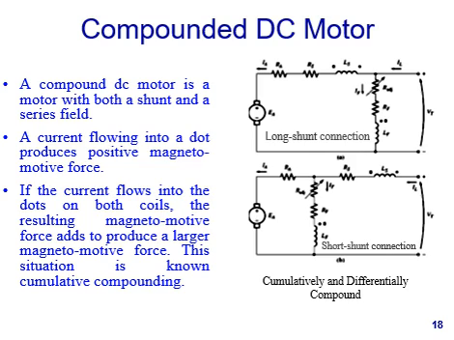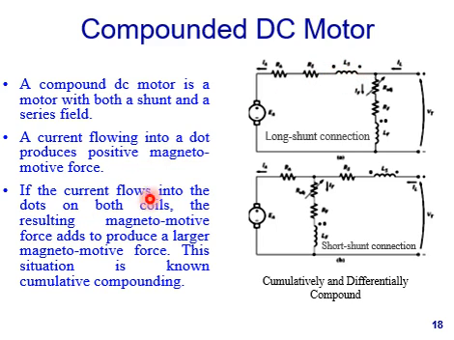Now we come to know about the compounded DC motor. The compounded DC motor is a motor with both a shunt and a series field. A current flowing into a dot produces positive magnetomotive force. So these are the dots.